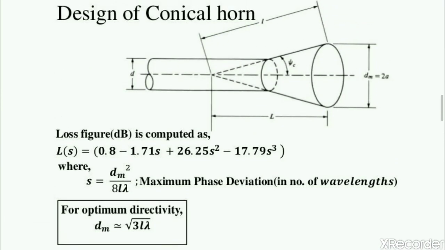This is the basic design of the conical horn, which gives the equations of how to obtain optimal directivity with the help of the diameter of aperture and the loss figure. Here are three formulas: loss figure LS, where small s is the maximum phase deviation, and dm is the diameter of aperture or the cross section.